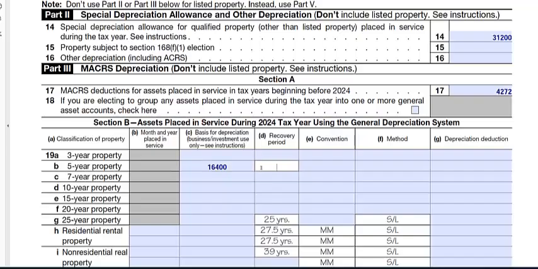The recovery period is 5 years. The convention, we'll put HY for the half year. And the method is 200% declining balance.